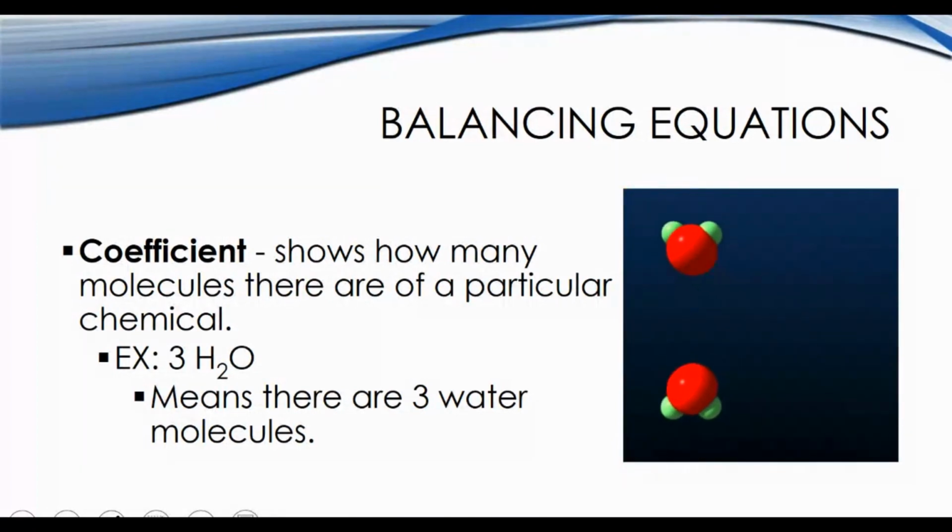It just tells you how many of such molecules there are. So here we have that 3. And if you notice, it's kind of like in your algebra classes, that number that's in front of a parentheses that tells you how many there are of everything inside of the parentheses. It's kind of the same idea here. So that 3 tells us that there are 3 water molecules. Again, don't confuse the two. They give you different pieces of information.